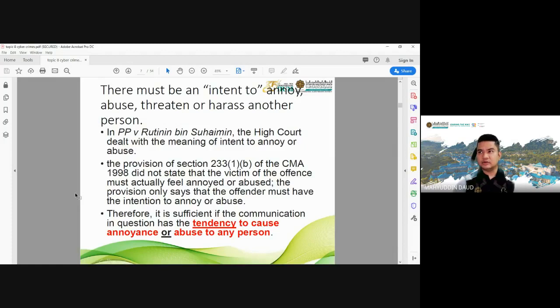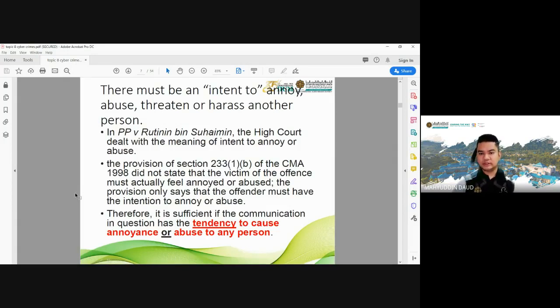Geram lah kan nak komen dekat orang ni punya page kan. So I just do that for fun. Whether you really, at the moment when you do the prohibited act, you really have the intention to annoy, abuse, threaten, or harass another person.